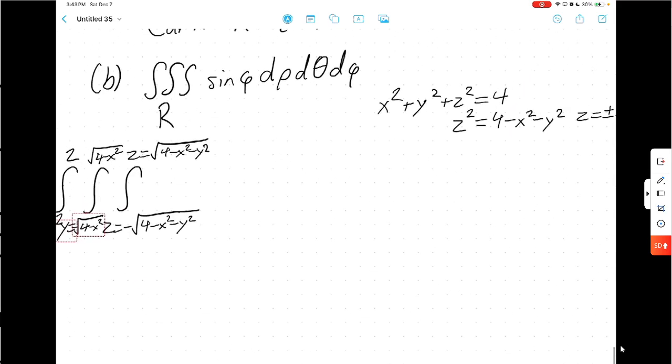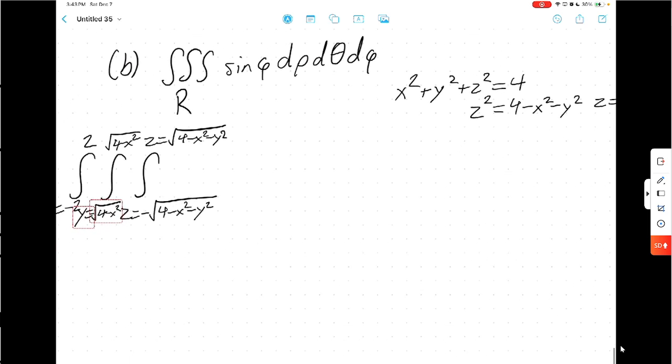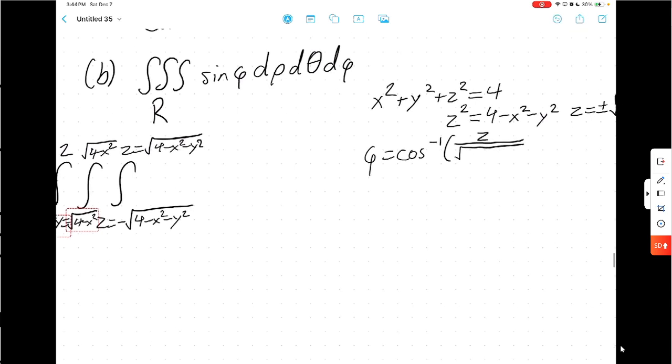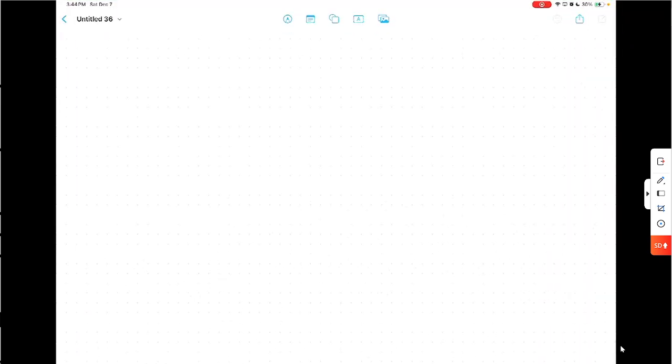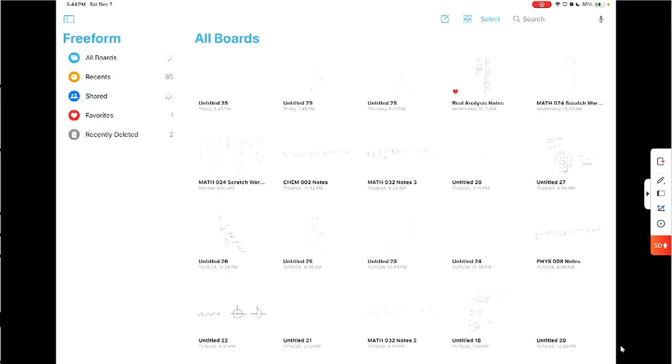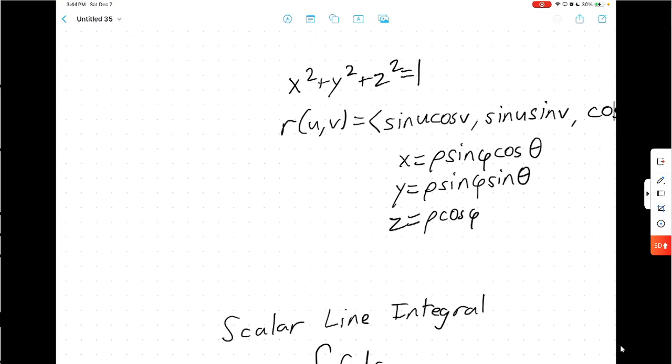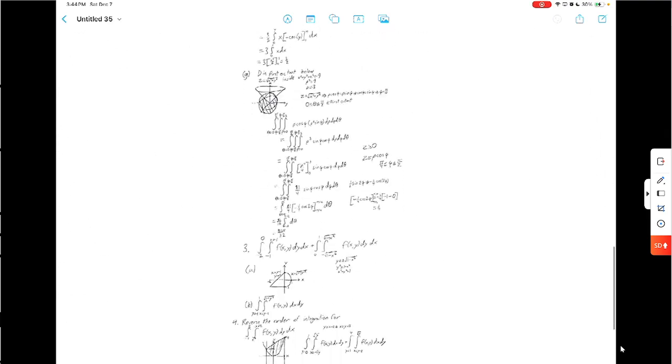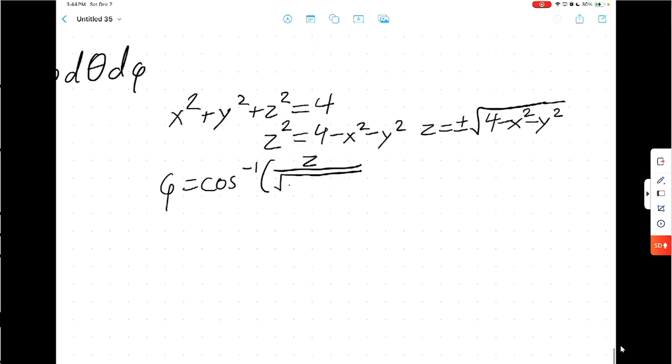Of sine phi. Now phi was essentially the cosine inverse of z over the square root of x squared plus y squared plus z squared, so this is z over rho.